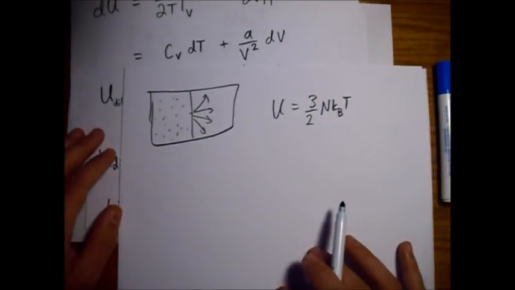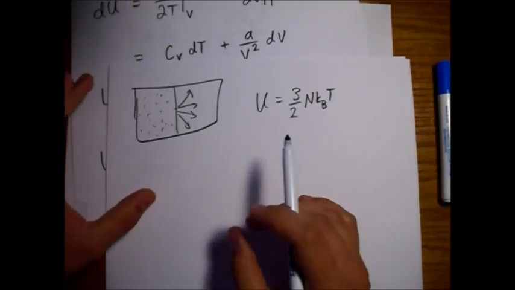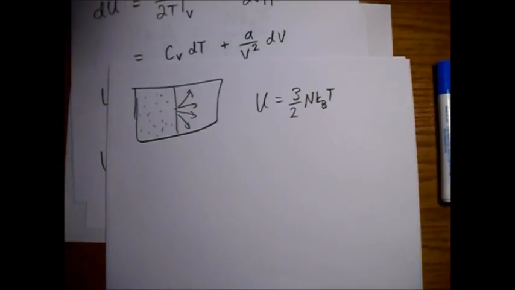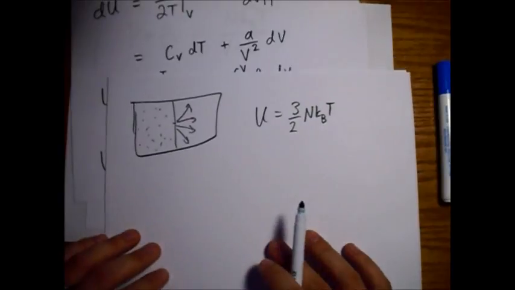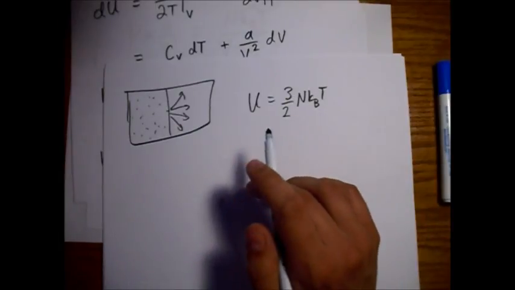And for free expansion, there's no heating of the gas, there's no work being done on the gas, and the temperature stays the same, right? How does the temperature change for free expansion?